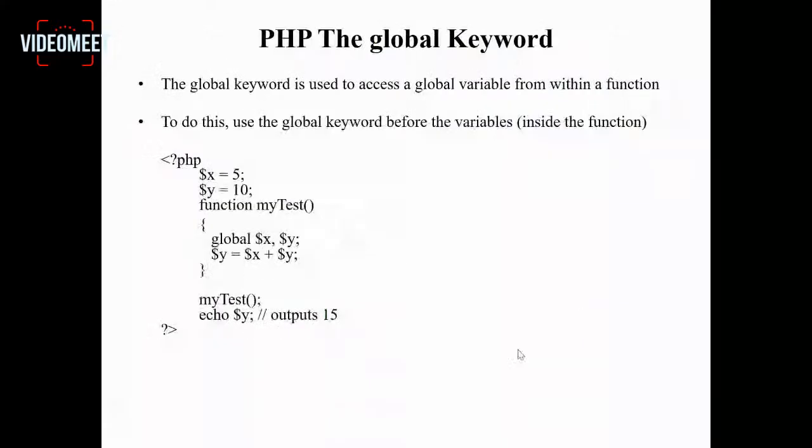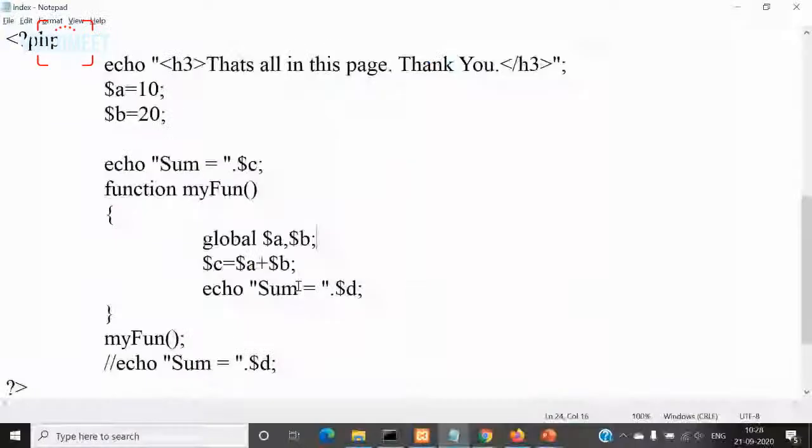This is what we have done here, right? Global $x, $y. Same thing we'll do here, $A, $B. So now even $C is also required, right? I'm redeclaring.